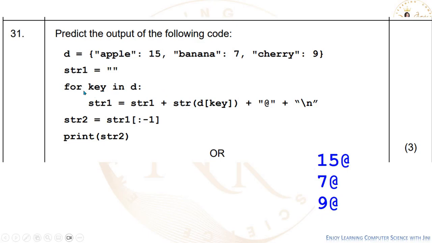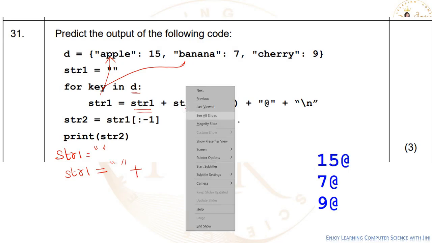Now you can see, first they have given str1 is equal to empty quotes. So str1 is an empty string. There is nothing inside the string. Now for key in D. So this is your dictionary. Key will access the keys of the dictionary one after the other. So first key will be apple. When key is apple, str1 will become str1, which is an empty string, plus str of D of key.